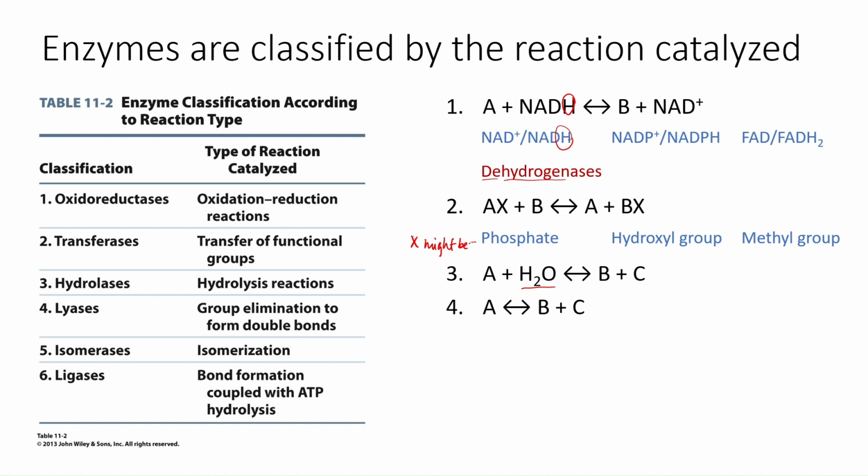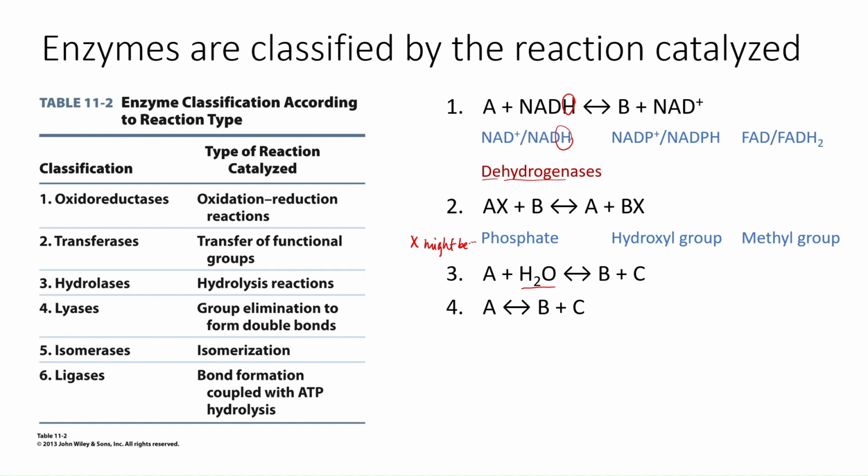That is similar but different to reaction type number 4, which is group elimination to form double bonds. This might sound very different from hydrolysis at first, but as you can see from the example reaction, we still have our reactant A, and it's getting broken up into these 2 products, B and C, but this time we don't have the addition of water. Since we're not doing hydrolysis, we're doing this group elimination.